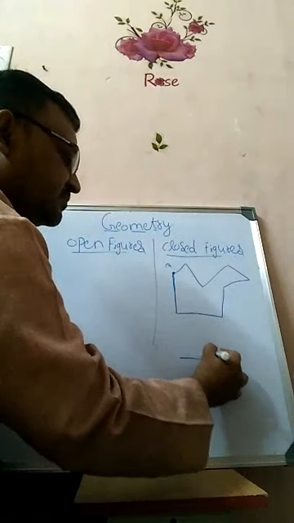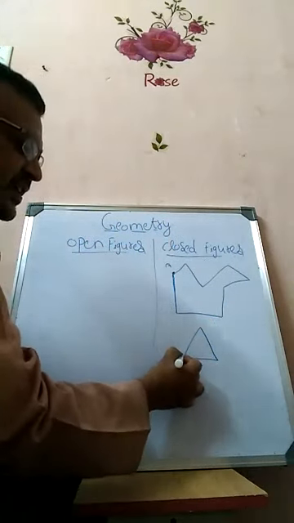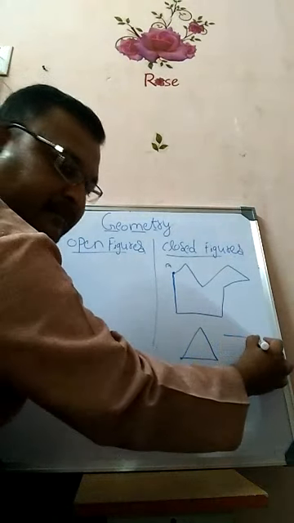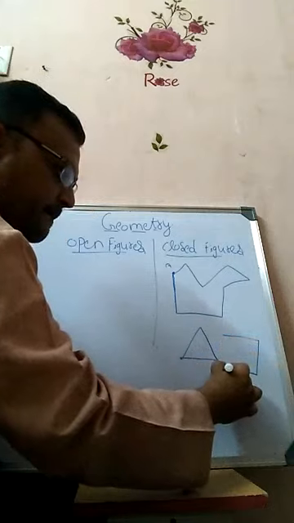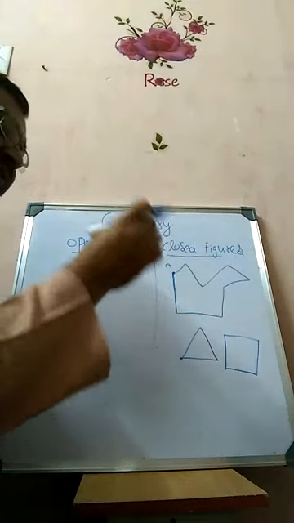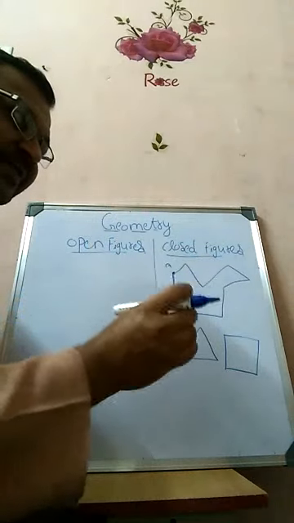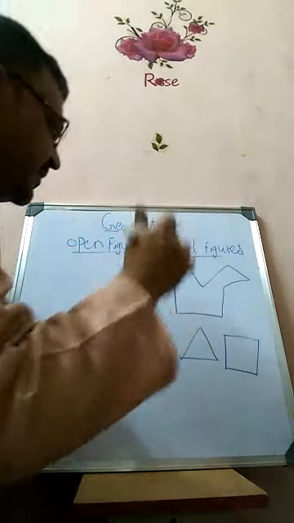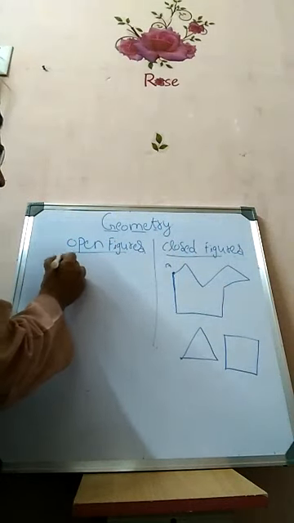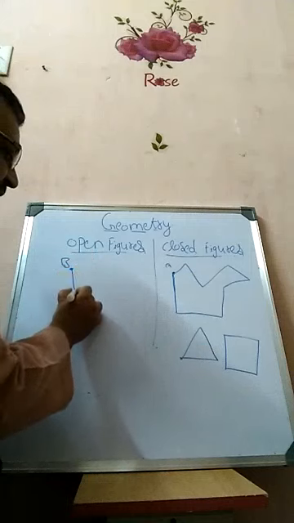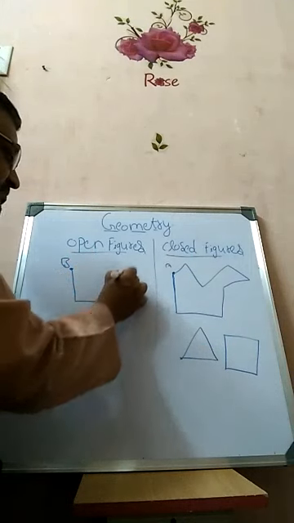So look here. Started here, again came back here. Look, started here, came back here. So these are all closed figures. Closed figures mean starting and end point of that figure should be same. But reversely, open figure. Open means here some point B. I started drawing one figure from here.